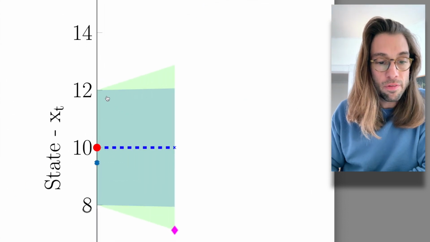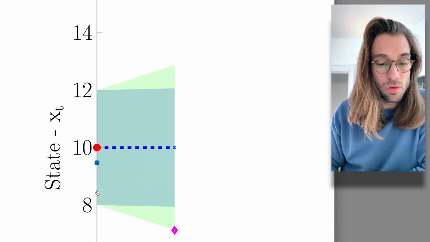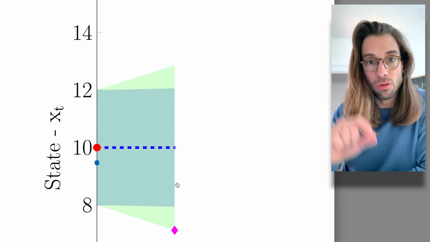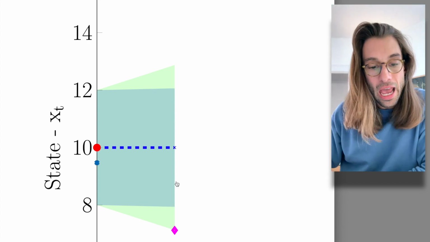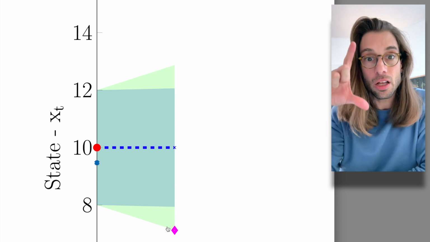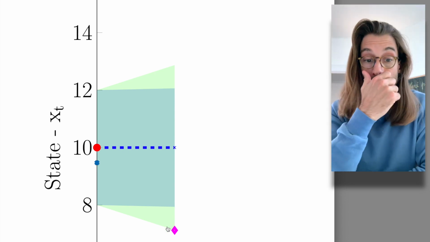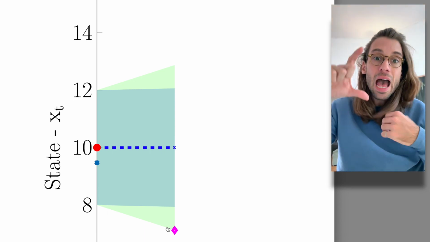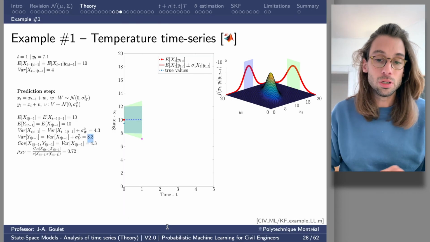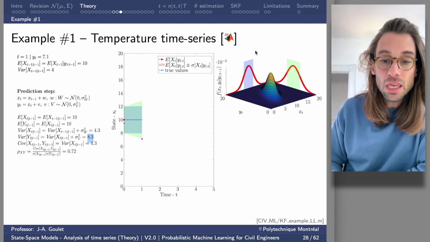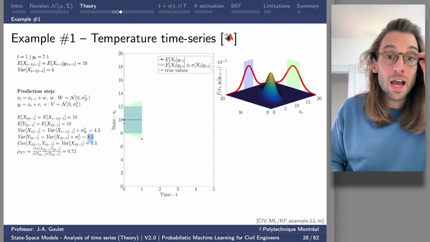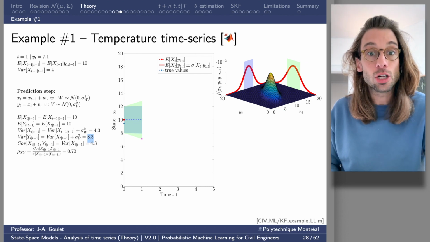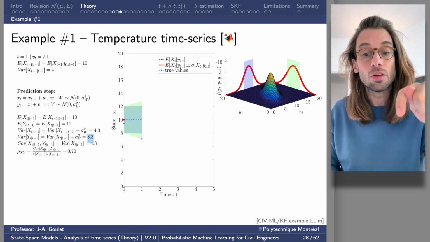What I have here is my mean plus and minus standard deviation. I add 0.25 here at time t equals 1 for my transition error, and I add in green my confidence region for the actual observation value. Since I have a relatively large observation uncertainty, it adds up a lot. And what we have in this representation is my joint PDF for x and y, x being the actual temperature, y the observation of the temperature.